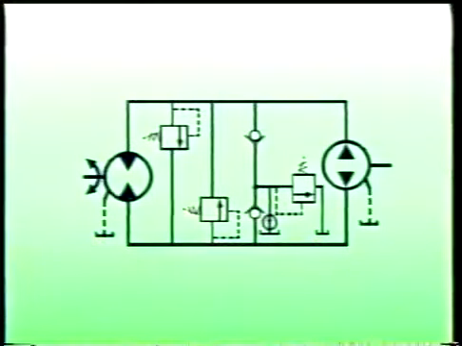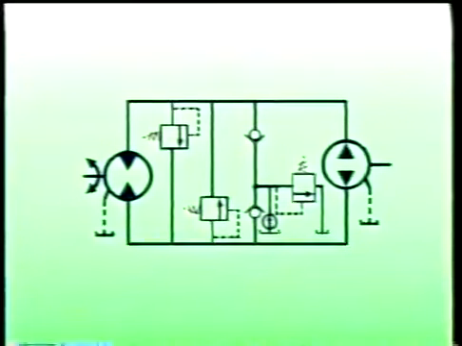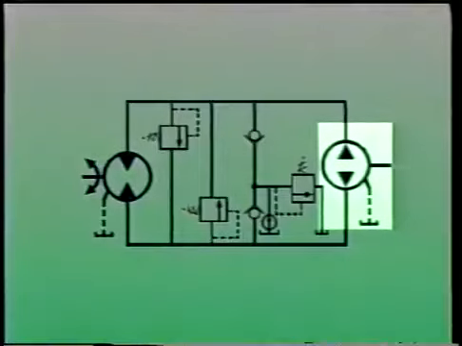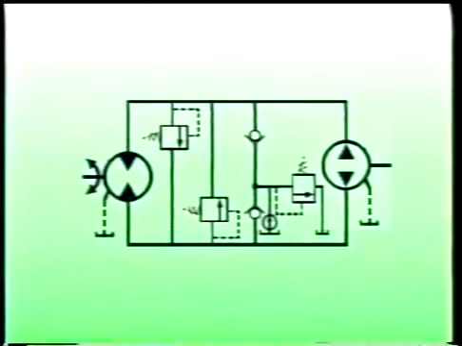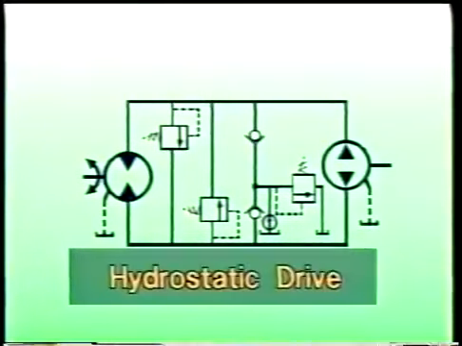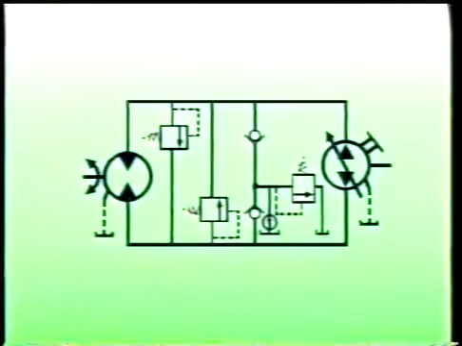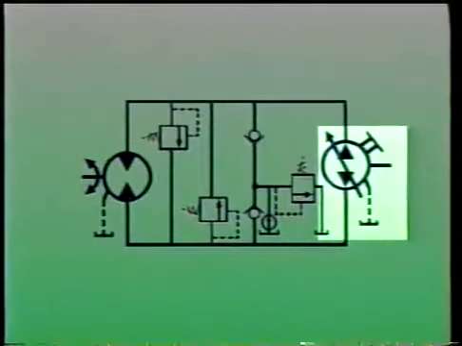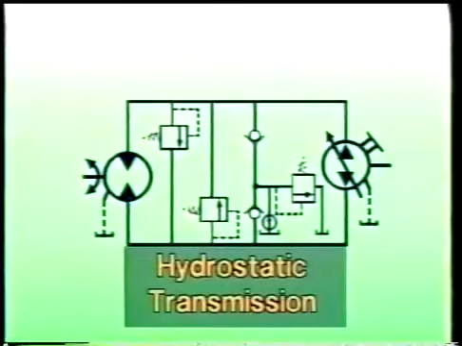When motors and pumps are combined with each other in systems, it is possible to control torque, speed, and horsepower. If both the motor and the pump are constant displacement, these systems are usually referred to as hydrostatic drives. If either component has a variable displacement, the system is sometimes called a hydrostatic transmission.